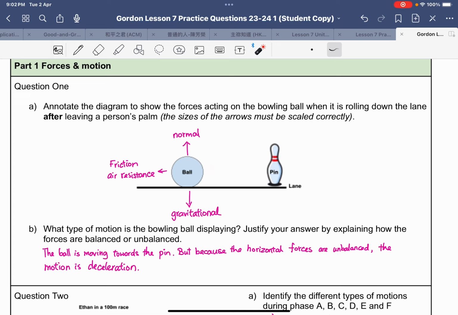However, if you look at the question carefully, it says, draw me the force diagram after the ball has left the person's palm. Now, in physics, there is a very important concept, which is if an object is traveling in a certain motion, unless you have unbalanced forces acting on it or a new force acting on it, otherwise, the object will keep traveling the same direction that it was traveling.